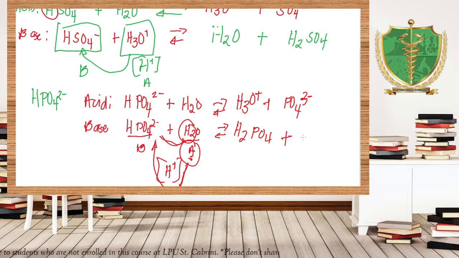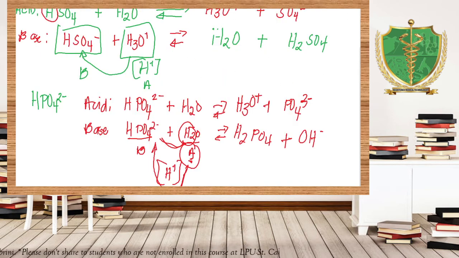And it produces what? Hydroxide. So that is how we are going to show acid-base or amphiprotic substances as an acid and base. Okay?